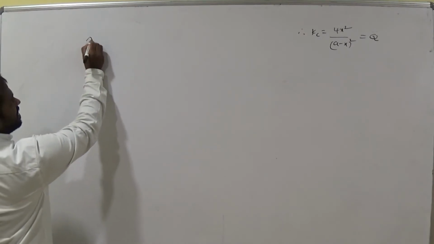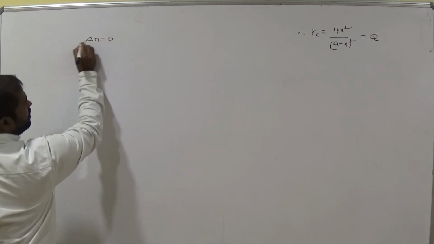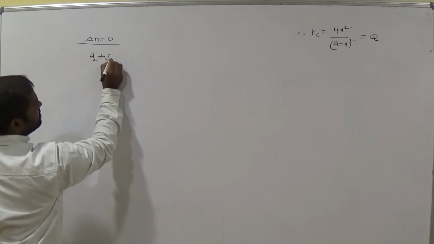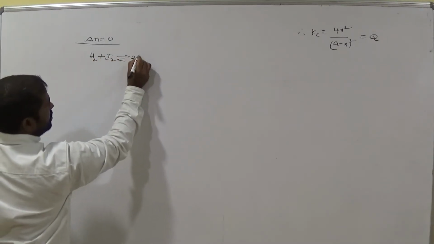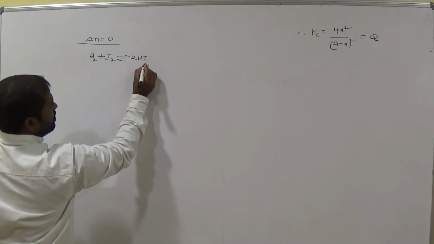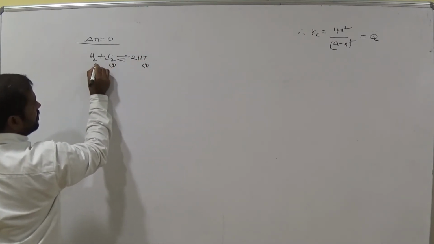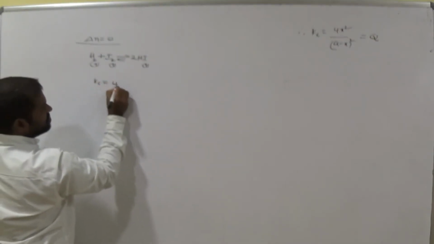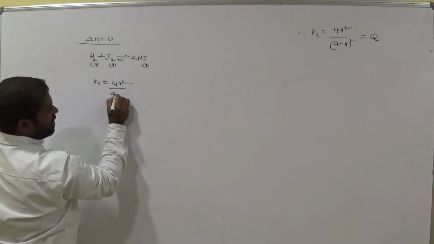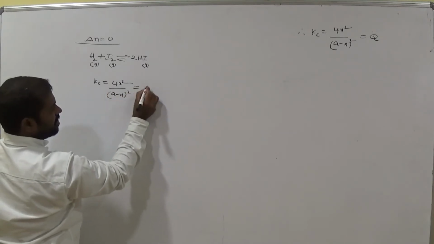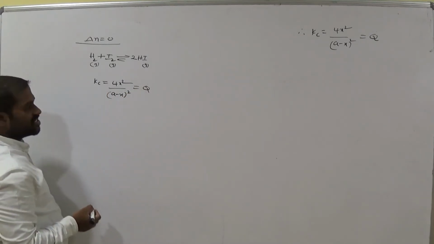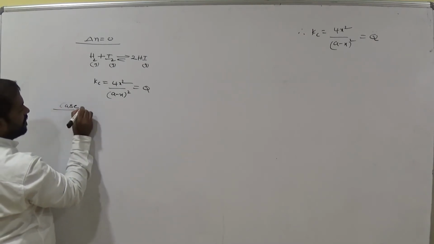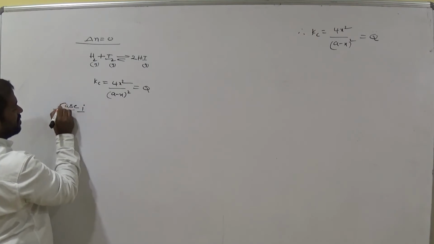So in the case where delta n is equal to 0, for this equation H2 plus I2 reversible 2HI, what is the expression we got? Kc is equal to 4X square by A minus X whole square, which is Q. Is it okay? In this, we have to discuss case 1.